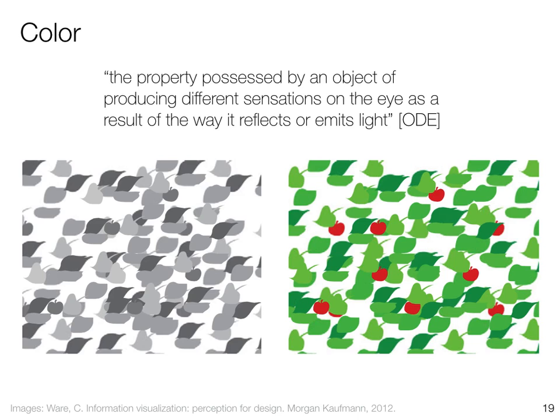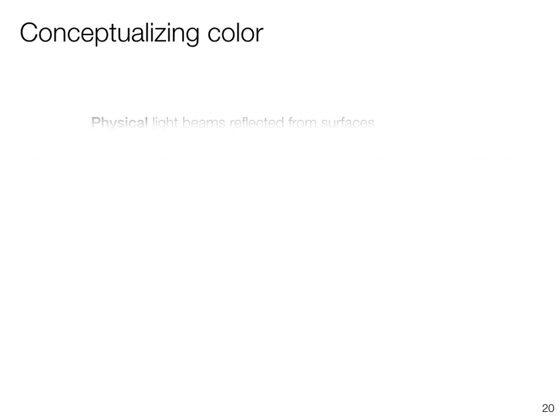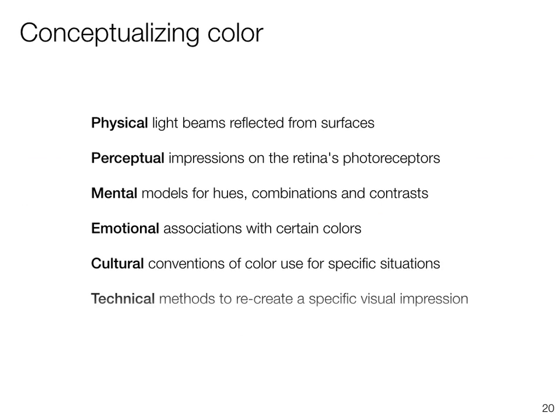But there are different concepts of color depending on from which angle you actually look at it. So, color can be seen as the physical light, as perceptual impressions, as mental models, particular emotional associations. We have different cultural conventions of color, and there are, of course, also technical methods used to create specific impressions.